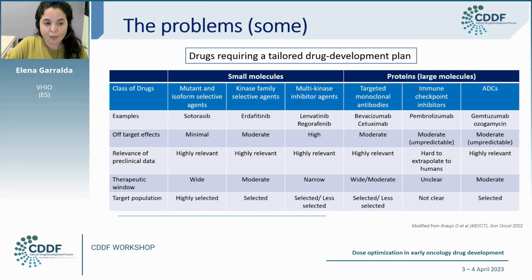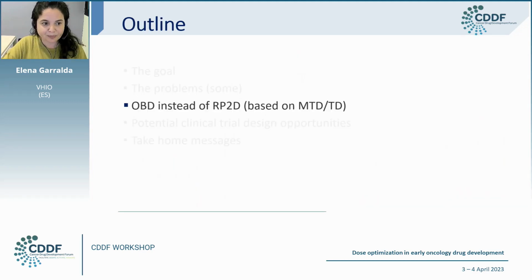We're going to have molecules where the therapeutic window is very narrow, and others where it's very wide, or it's even unclear if we can really reach a maximum tolerated dose. And we're going to have treatments where the target population is highly selected, versus others where we don't even know how to select patients. So when we are talking about drug development, we have very different clinical scenarios.